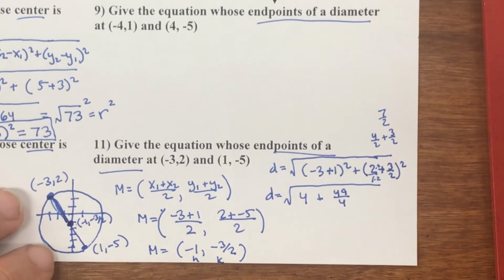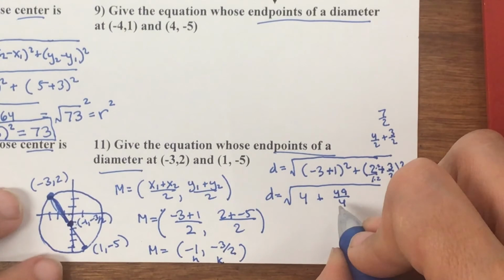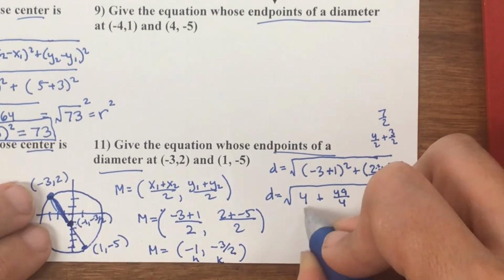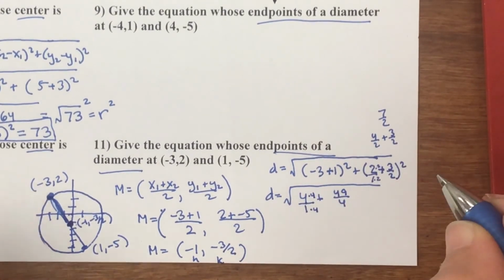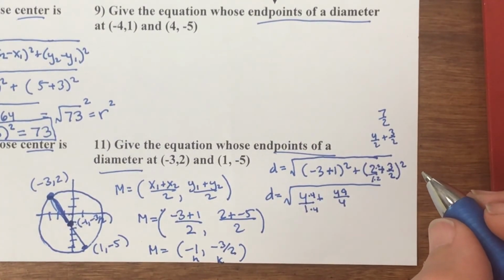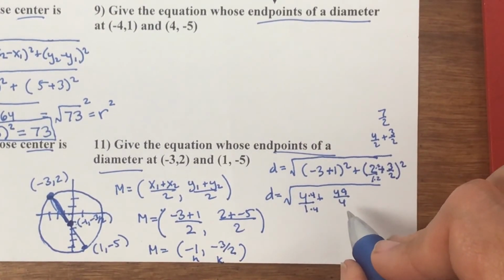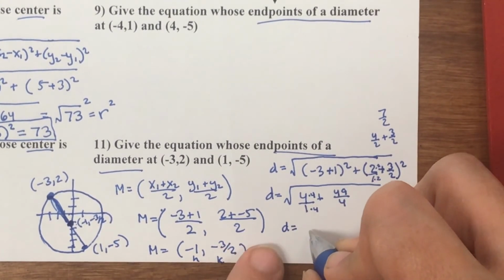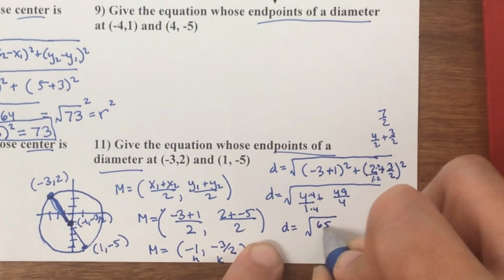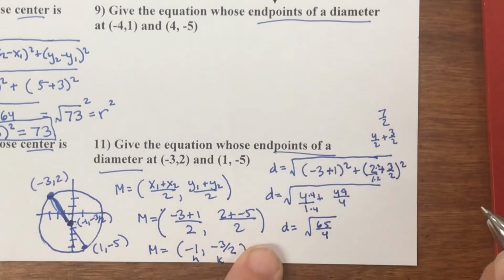And then I need to get a common denominator here, so I put it over 1 multiplied by 4. So I'll now end up with 16 plus 49 is 65/4. So the distance is the square root of 65/4.